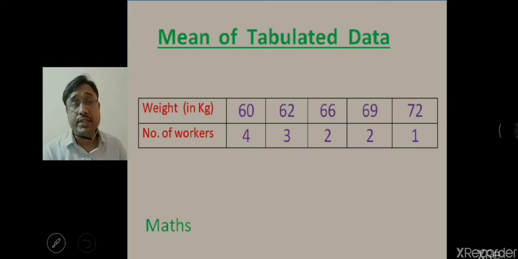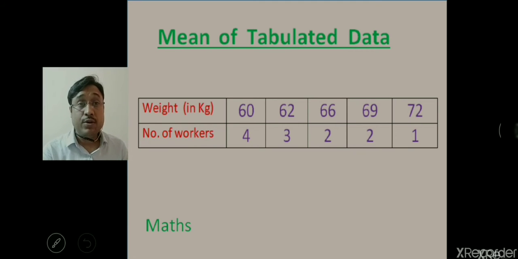Otherwise we use the formula, sum of all the observations divided by the number of observations, to find the mean. But it is more convenient to find the mean with tabulated data when the data is large, because similar data repeats some of the times, and every data value has a frequency, how many times it occurs in the data.